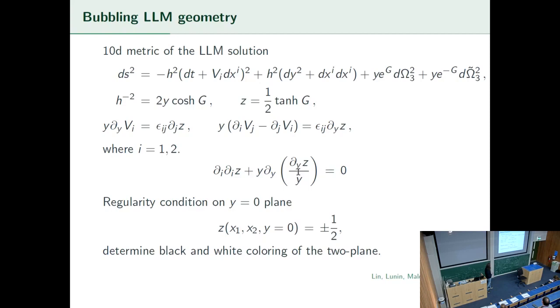It has 16 supercharges, and it also has SO(4) times SO(4) symmetry. So this solution depends essentially on one scalar function, z, which is related to the vector potential V. And this scalar function z satisfies the homogeneous 6-dimensional Laplacian.